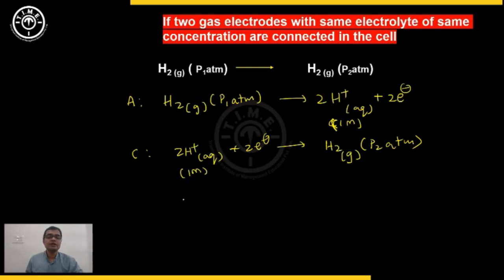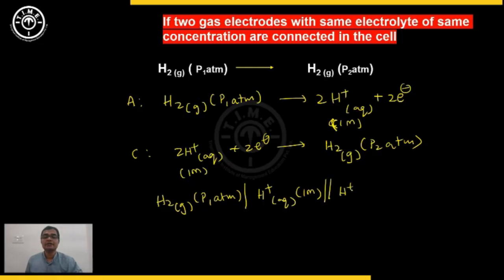Now you write the cell notation. How can you write it? First H2 gas, with its pressure in small brackets, P1 atmosphere. Next H plus ion, aqueous, its concentration I have taken as 1 molar. Then two vertical lines.